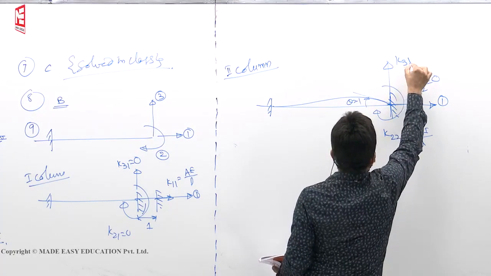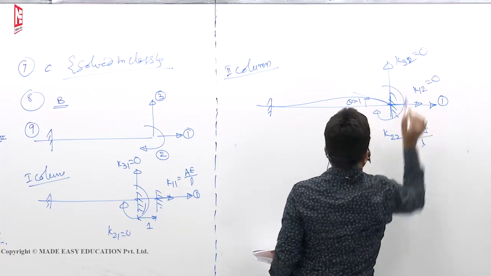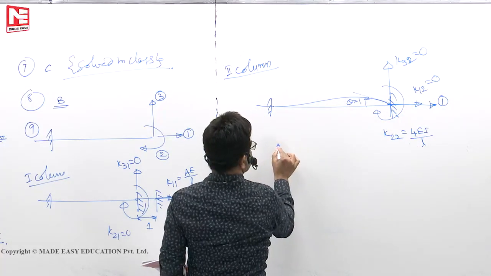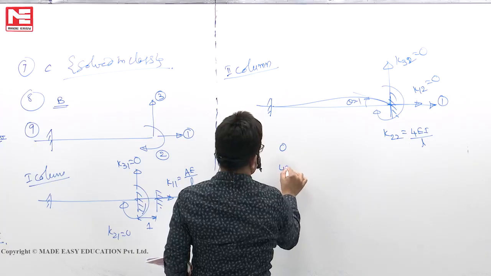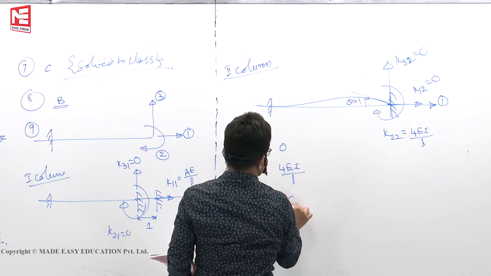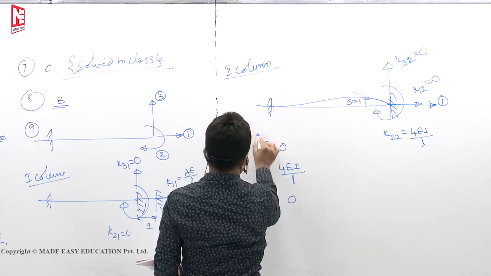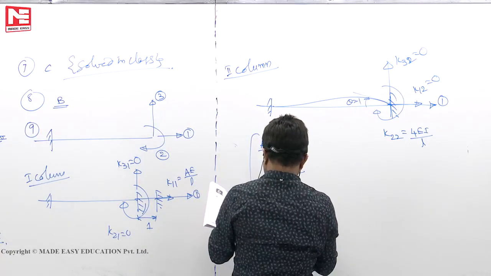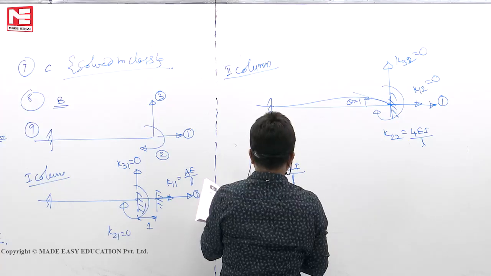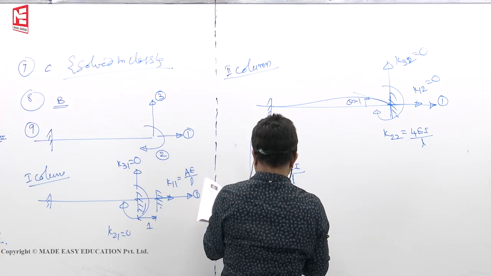K3 because of 2 is 0. So the second column is 0, 4A by L, 0. First column is AE by L, 0, 0. You see this one, anything matching? AE by L, 0, 0, 4A by L.